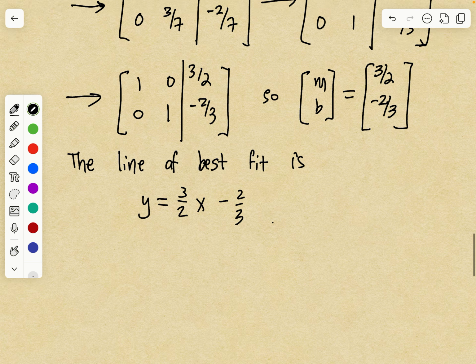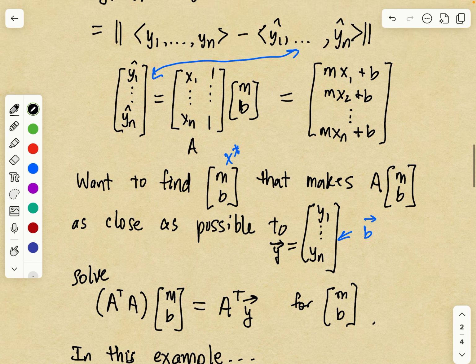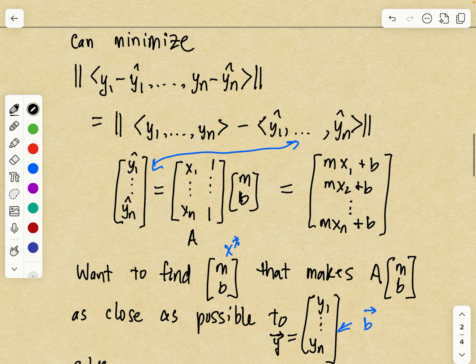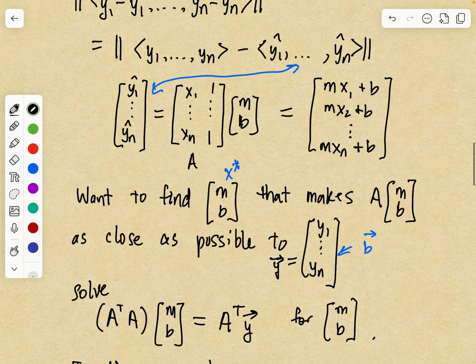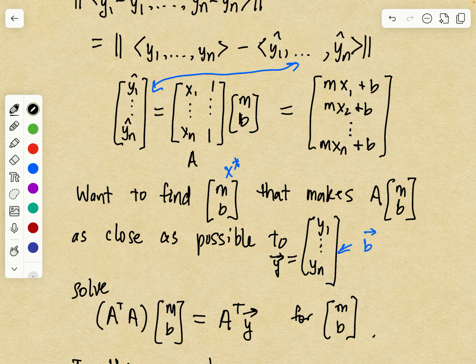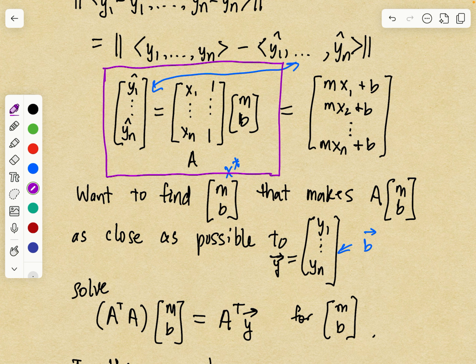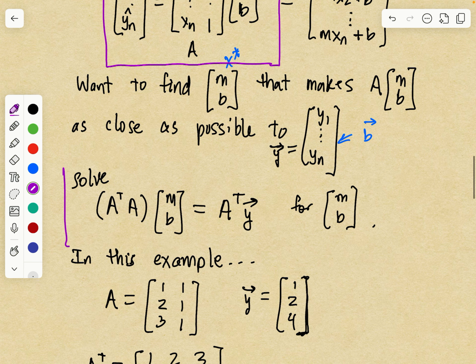Of course, this was just a particular example; the method we did applies in general. So we set up this matrix A. We're given the x1 through xn, so we can find this matrix A, and we're given the yi's. And by what we talked about when it comes to least squares solutions, we just need to solve for this vector MB. And we see the connection between the line of best fit and least squares.